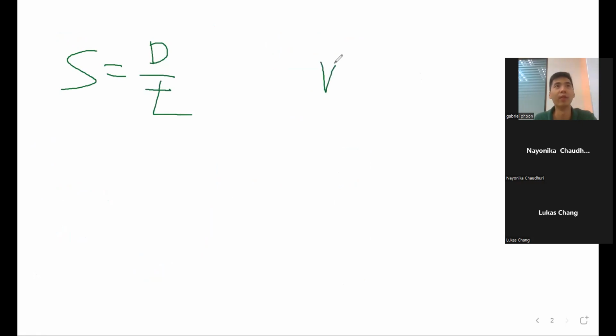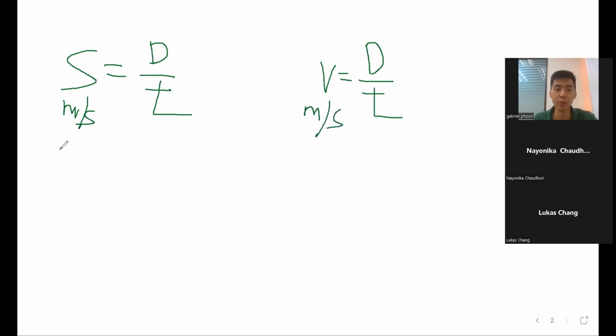And velocity, what's the formula for velocity again, Neunica? Good, it is displacement over time. Excellent. Both of them indicate how fast an object is moving. For example, speed is meters per second and velocity is also meters per second.